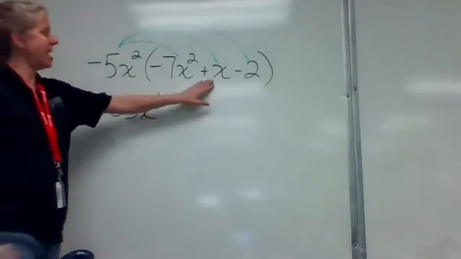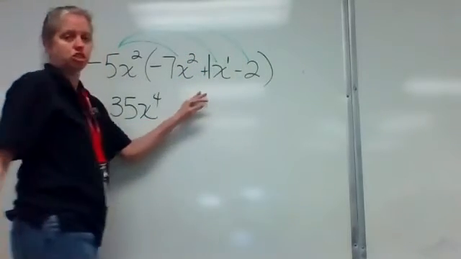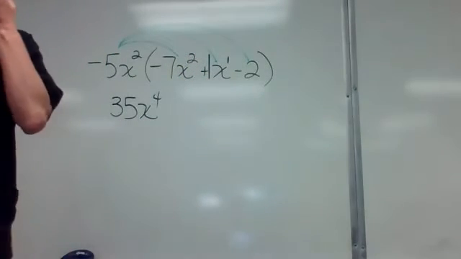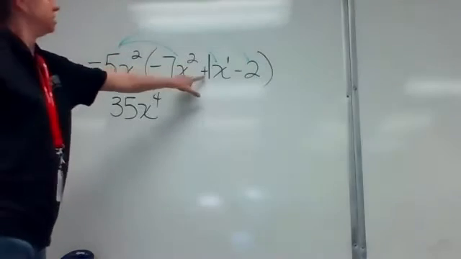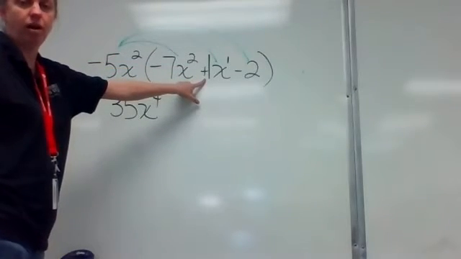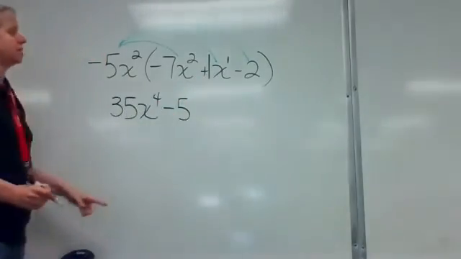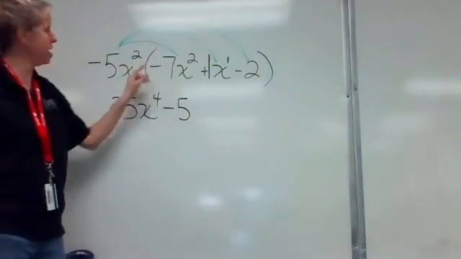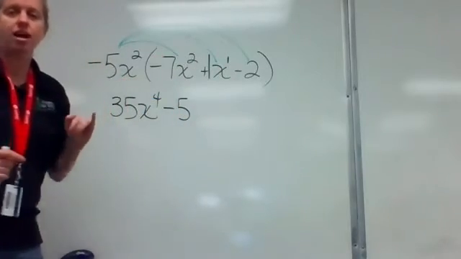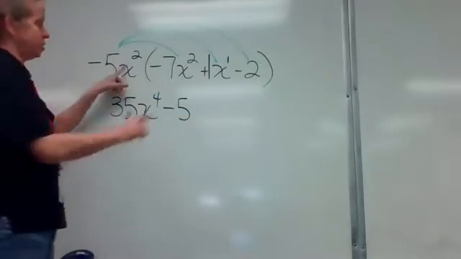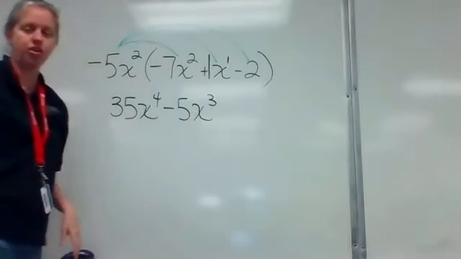Now, when I'm looking at this x, remember, that's like a 1x to the 1st power. So I'm multiplying negative 5 times positive 1, which gives me negative 5. This is why I wrote this 1 right here, because I have x squared times x to the 1st power, and the rule tells me I'm supposed to add their exponents, so that's going to give me x to the 3rd.